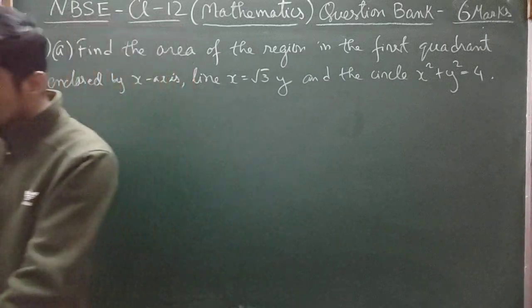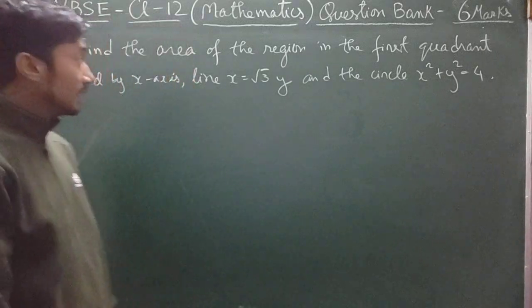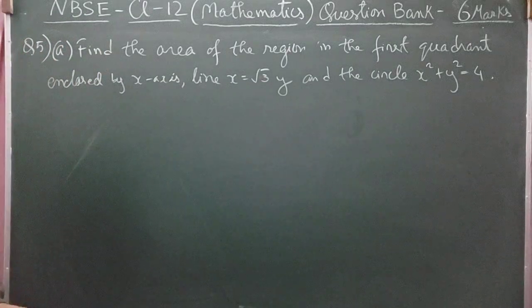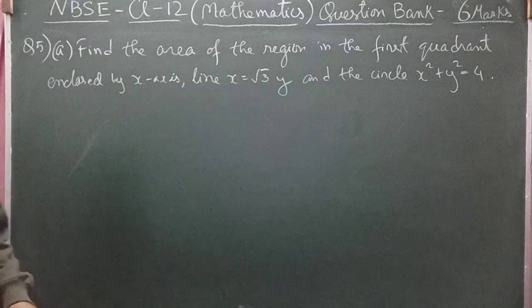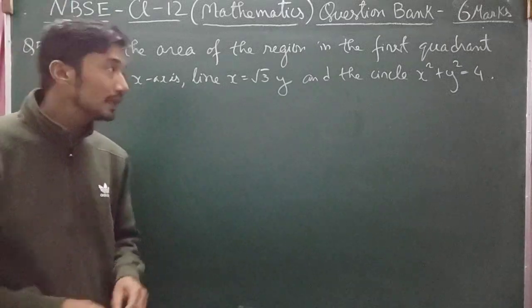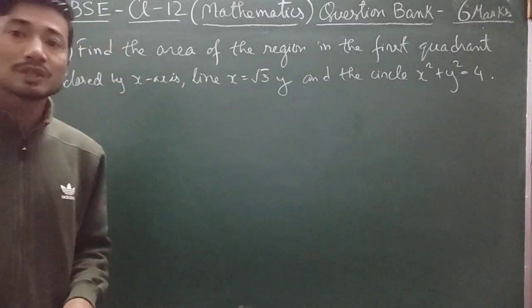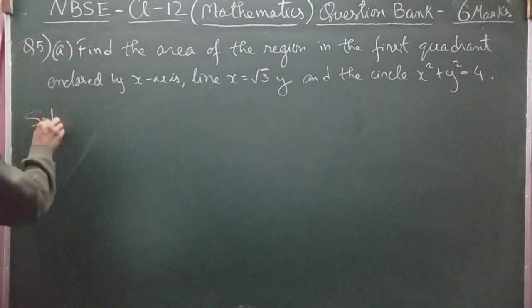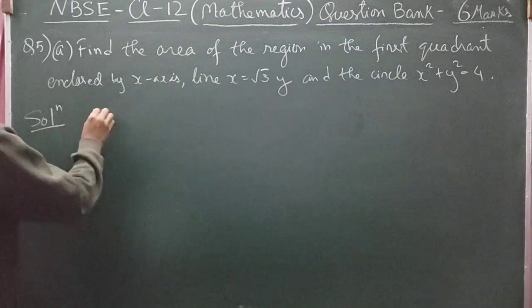Now this question: find the area of the region in the first quadrant enclosed by the x-axis, the line x equal to root 3 y, and the circle x square plus y square equal to 4. Let's get it done. Solution. Let's first look at the circle.